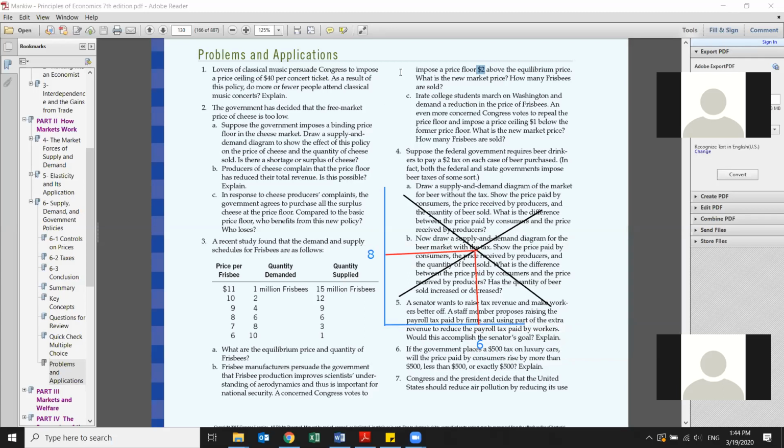Now the government imposes a price floor, and we said the price floor is the minimum price. If the price floor is above the equilibrium, it causes a surplus. So the price floor should be $2 more, which is $10.